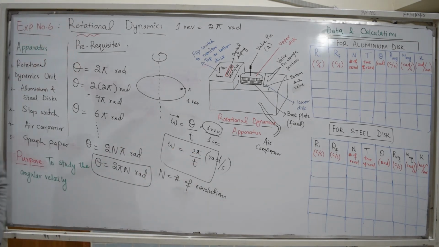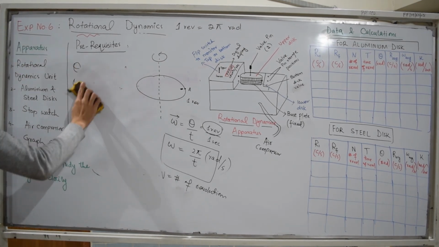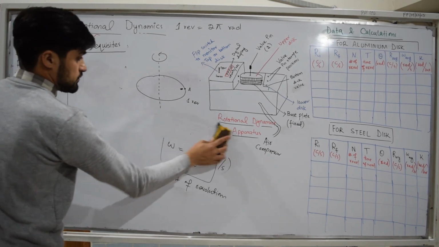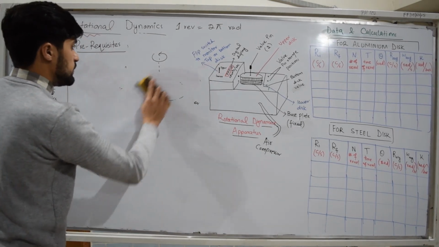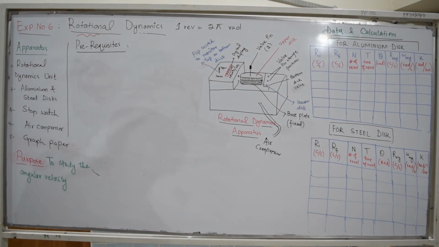Now let's move towards our experiment. The purpose of our experiment is to study the angular velocity, and we have some disks. The apparatus required for this experiment is the rotational dynamics unit.